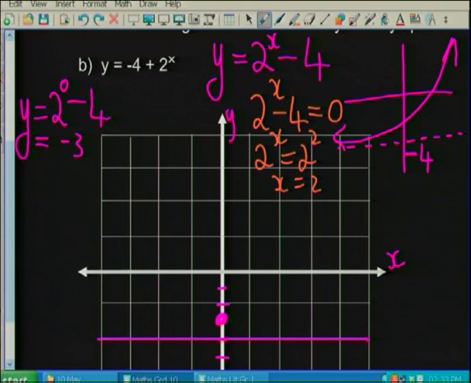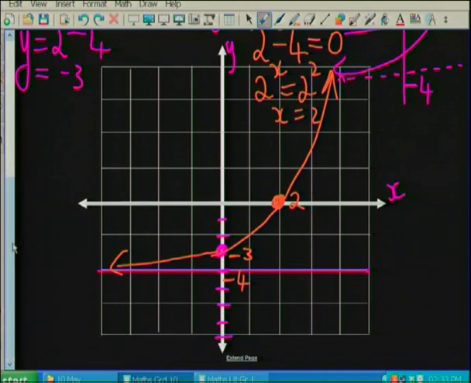And that looks about right. Over here at x equal to 2, and there's my curve. It's going further and further away from the asymptote. Remember to show the values of your asymptote and your intersect with the axes.